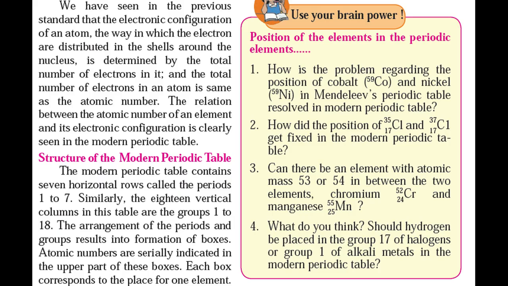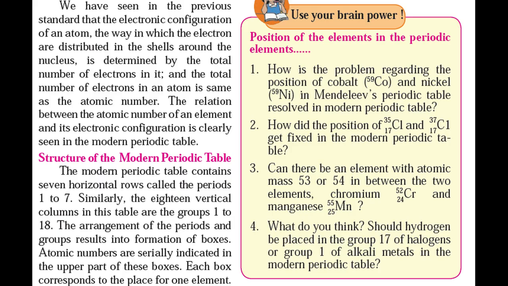The fourth question is: what do you think, should hydrogen be placed in group 17 of halogens or group 1 of alkali metals in the modern periodic table? Now, the answer to this is that hydrogen's atomic number is 1. Hence, there is only one electron in its outermost shell.